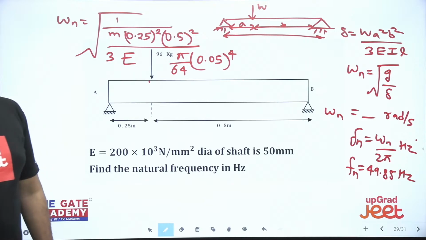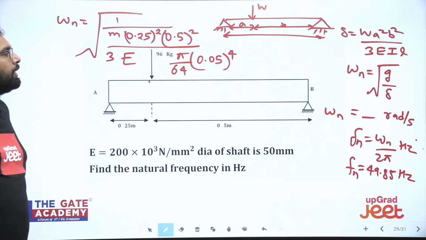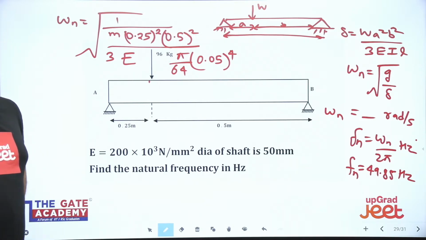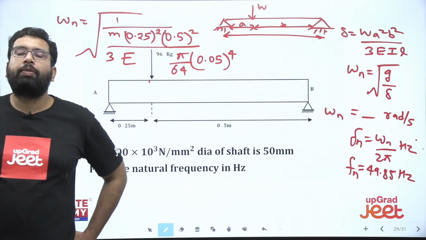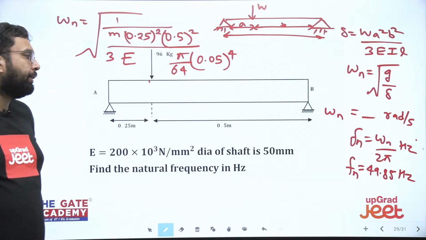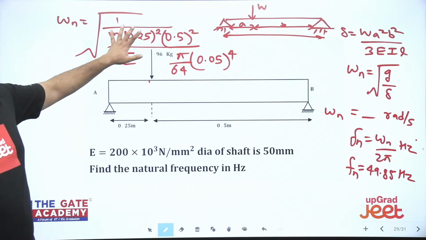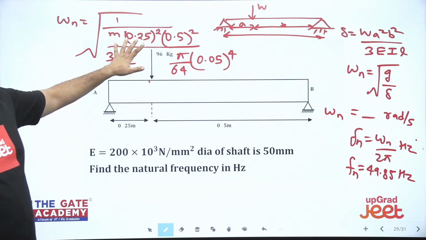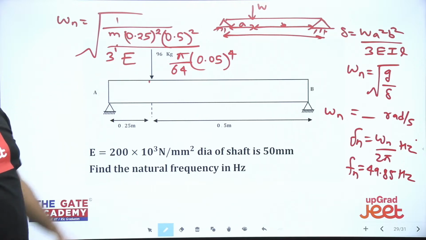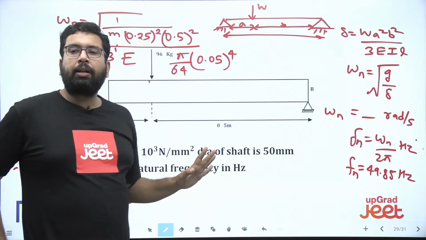Please answer me. Is it fine to you? Please answer me. Bolo na bhai. Is it fine to everyone? Please answer me. I hope you can take care of the calculations here. Right? Arre bolo na yaar. So this static deflection method is clear, no?